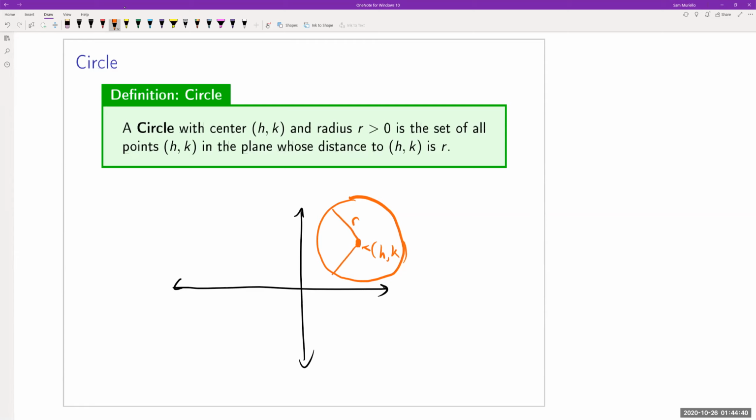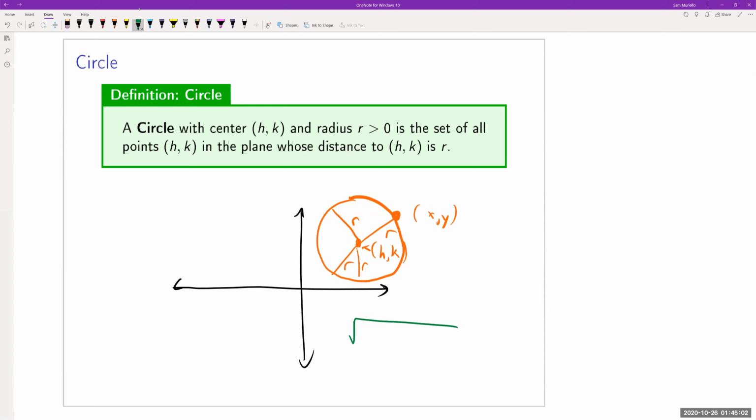So every point on this circle would have a distance of r away from this center. And we would say that the point x comma y would be a point on the circle.